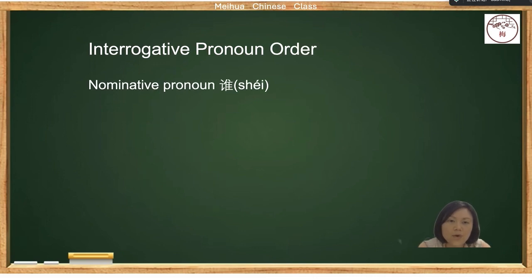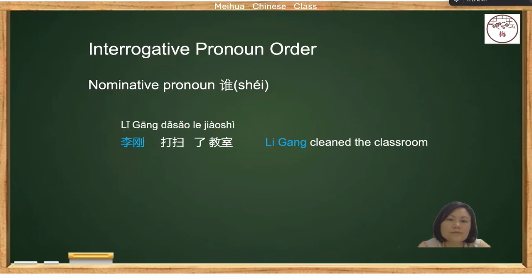For example, for the nominative pronoun, let's first look at the declarative sentence here. Li Gang is the name of a person. 打扫了教室, 打扫 clean, 教室 classroom, le means past tense.